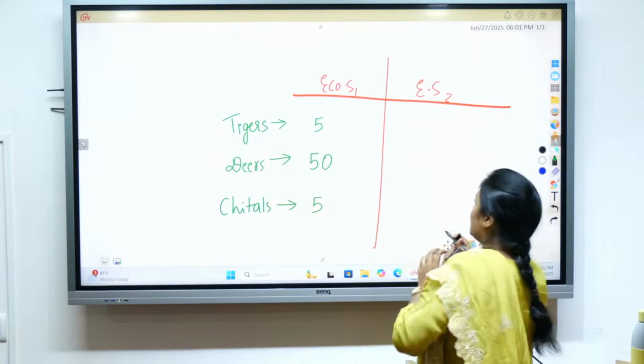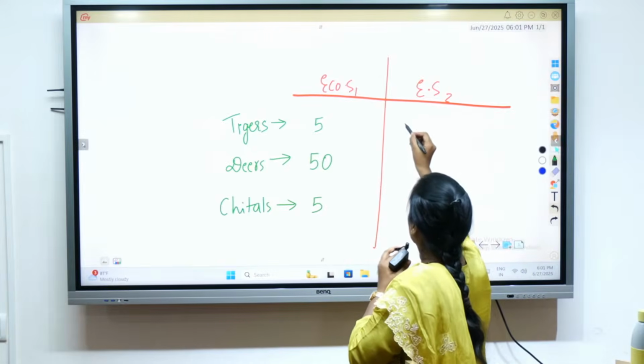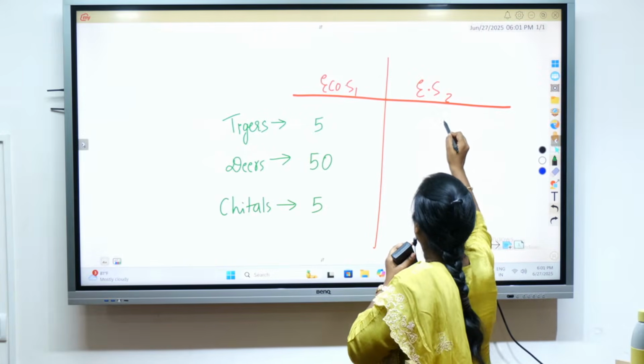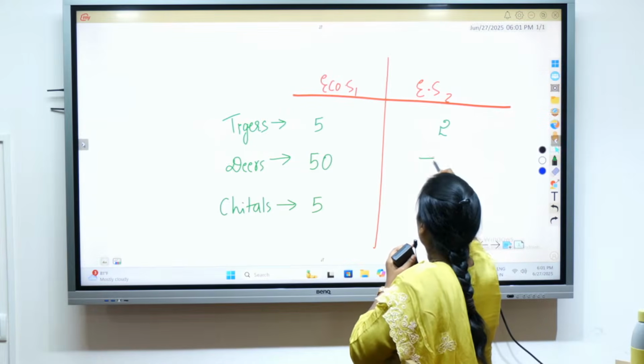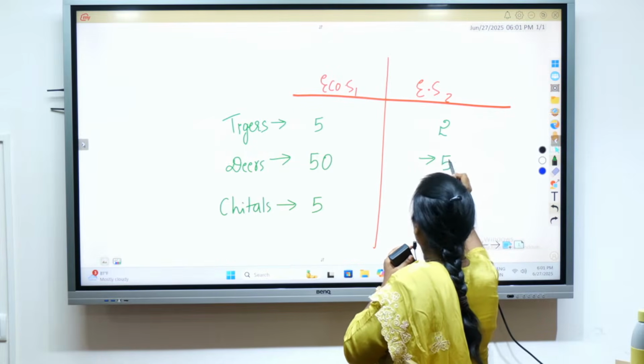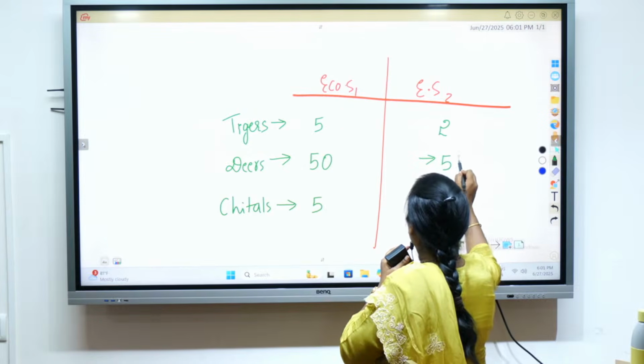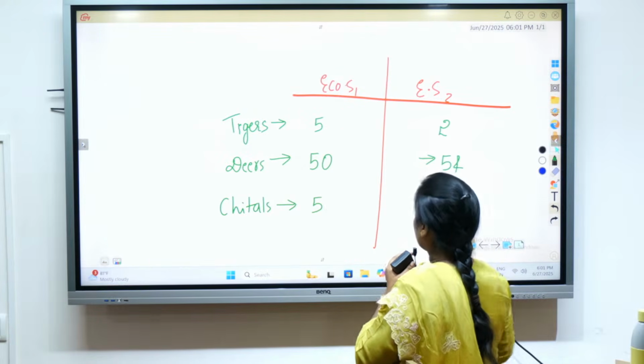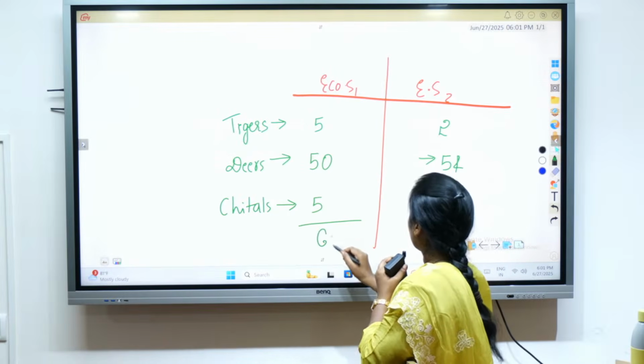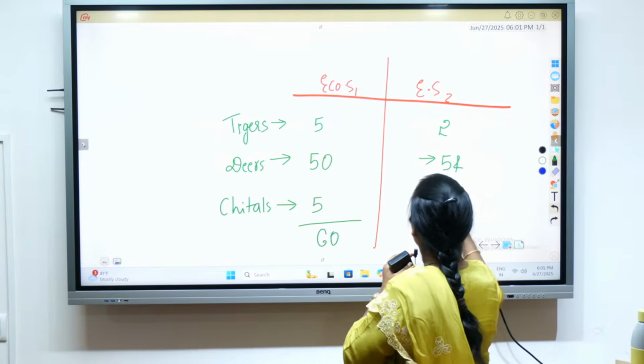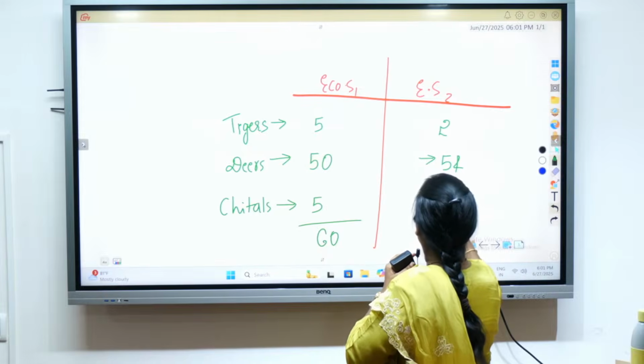Okay, so you come to tigers here. There are 2 tigers, 54 deers, and cheetahs will be 4.